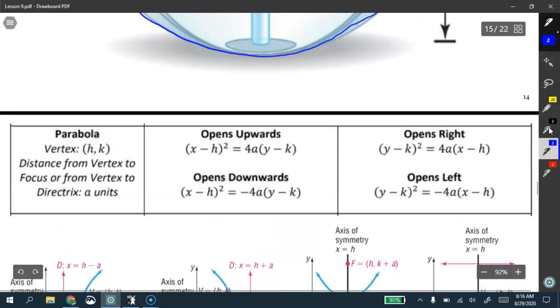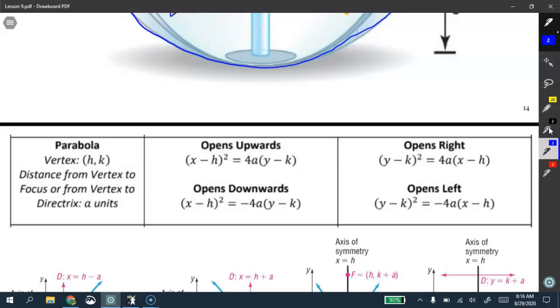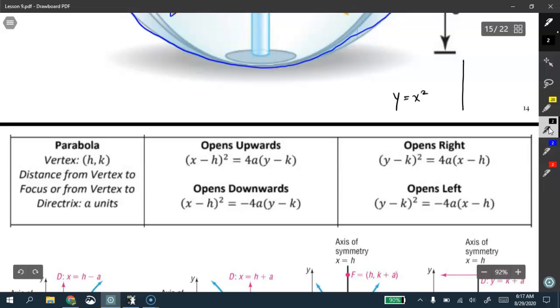Now, one thing that I will mention before we begin is that you already know one of the equations of a parabola, and it looks like y is equal to x squared. If you recall, that's a parabola that opens upwards.